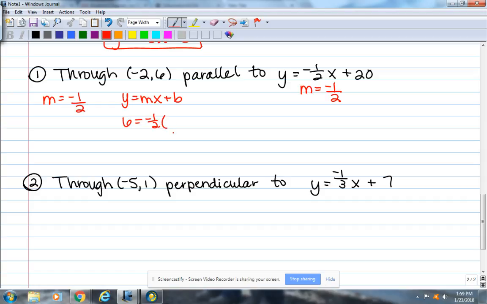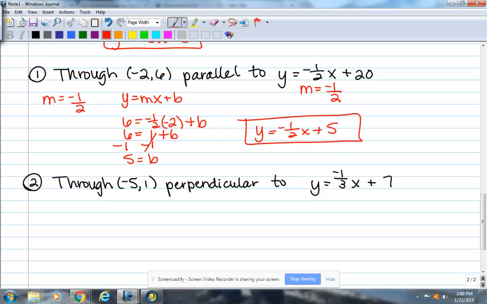What's your x? Plus b. What's -1/2 times -2? It's +1, right? Subtract 1, and we get 5. So the equation should be y equals -1/2 x plus 5. Raise your hand if you got that right. Any questions about that one? Are we good on parallel?